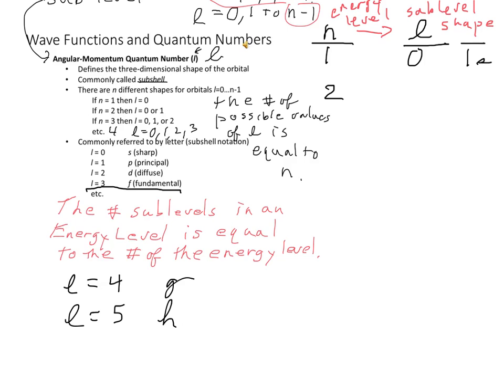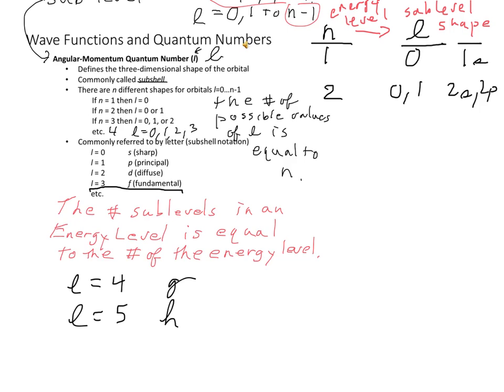If our principal quantum number is 2, then our angular momentum quantum number could be 0 or 1. So we would have two sublevels. We would have a 2s and we would have a 2p.